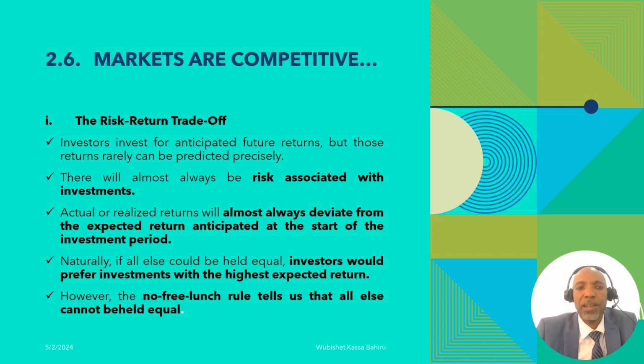So there will almost always be a risk associated with investments, and actual or realized returns will almost always deviate from the expected returns. The returns that we expect when we invest our capital in the market may not exactly fit the returns that we get at the end of the investment period. So there is always a deviation between the expected and the real returns that we get.